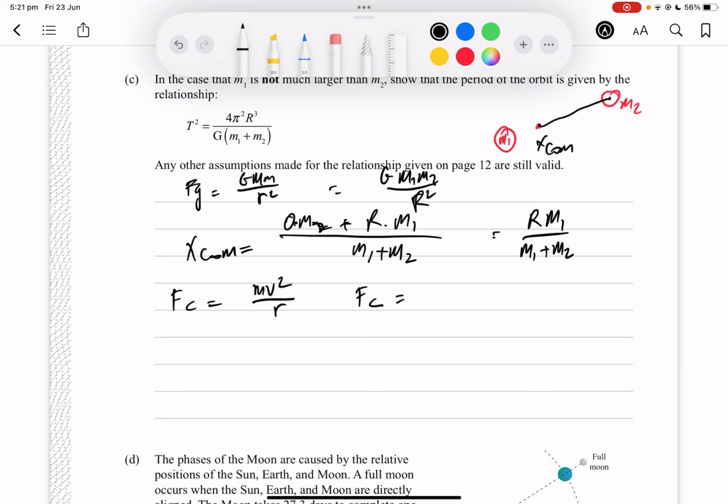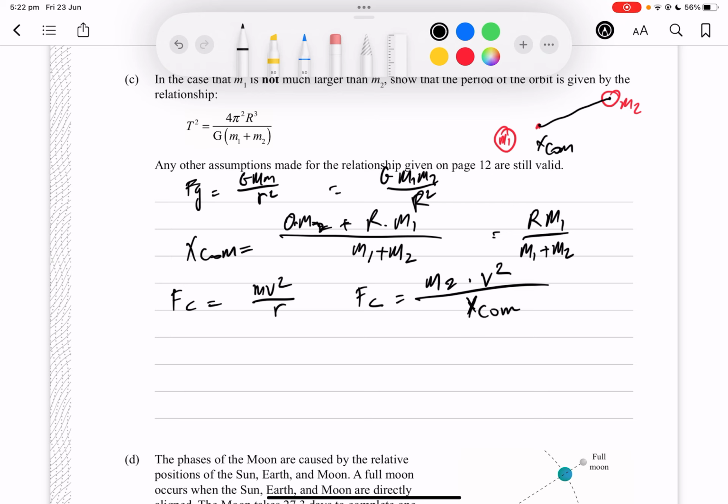So Fc equals m v squared over r, which in this case is m2 times v squared over X_COM.